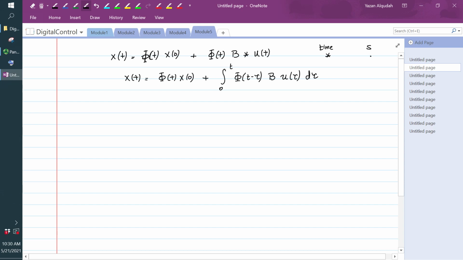Now if I look at this expression, this gives me the states as a function of time. I can immediately realize this is the response that is due to initial conditions.